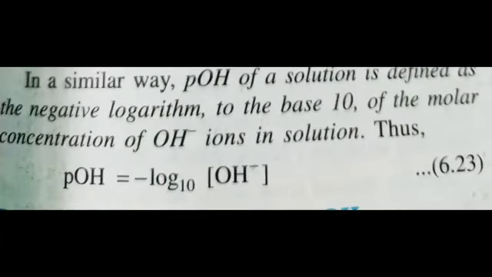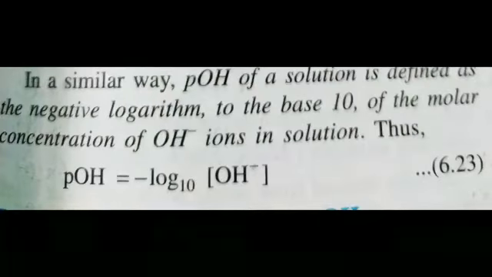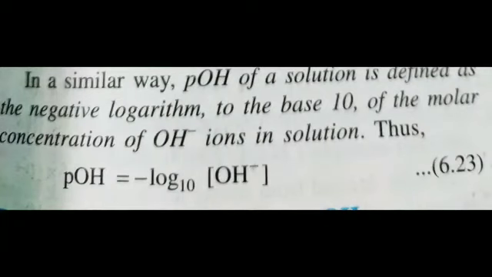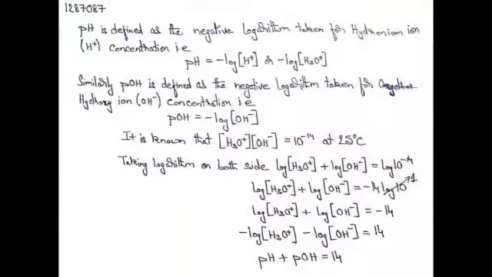Similarly, pOH of a solution can be defined as the negative logarithm to the base 10 of the molar concentration of OH- ions in solution. Thus we write pOH is equal to minus log to the base 10 concentration of OH- ion.